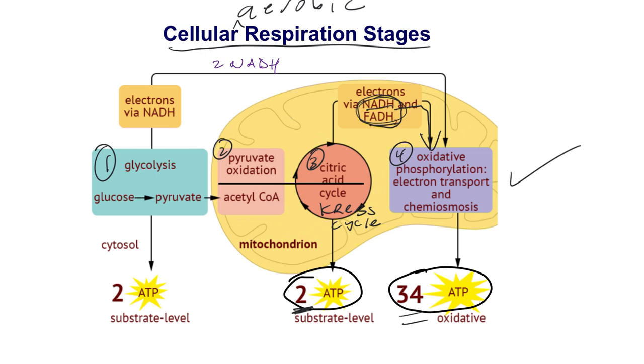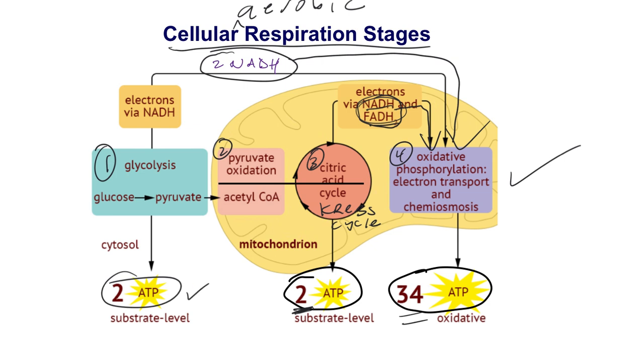The first stage makes 2 ATPs, then 2 NADHs. Okay, so those NADHs will get cashed in to make those 34 ATP over there. Also, 2 ATPs are formed in that first stage.